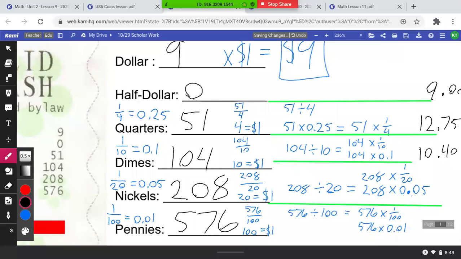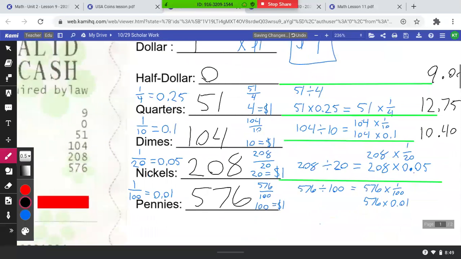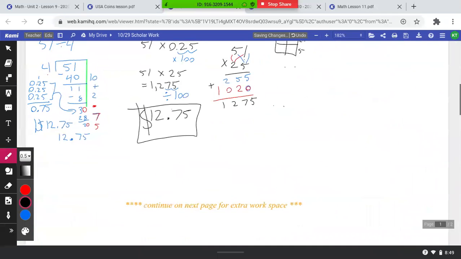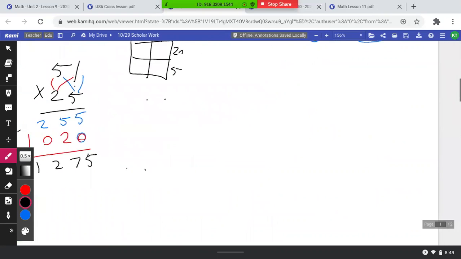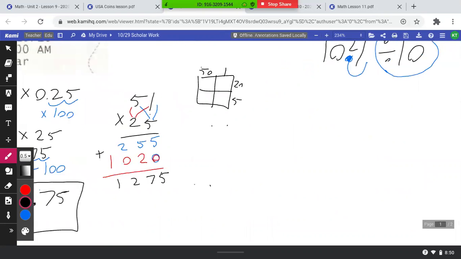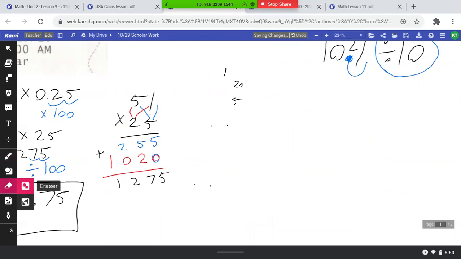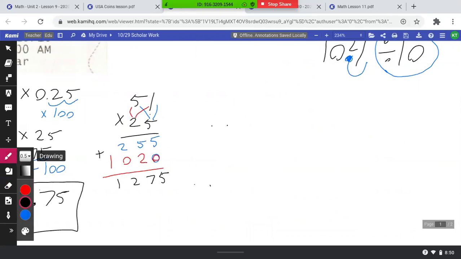All right, let's go into nickels. And with nickels, we're gonna do the same thing that we did with quarters. We are going to multiply 208 times 5 tenths. She has 208 nickels, and each nickel is worth 5 cents.